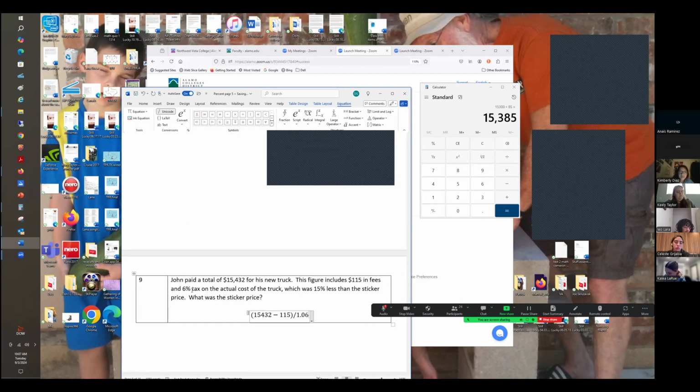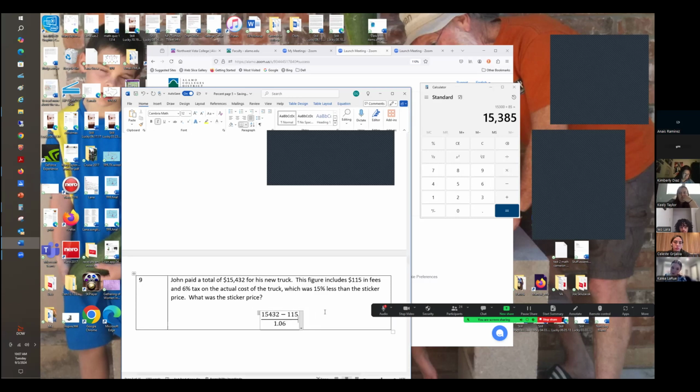Yikes. And then I have to actually divide that, believe it or not, by not 15%, but 0.85, 85%. And you'll see how this works, I hope.